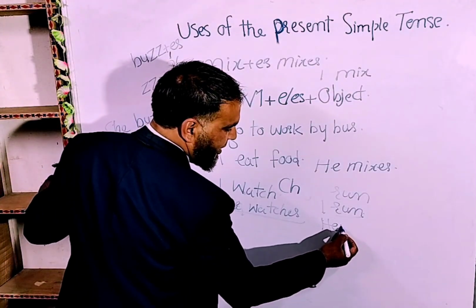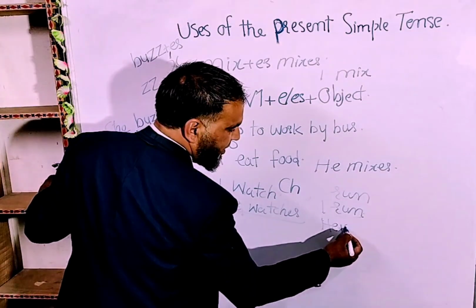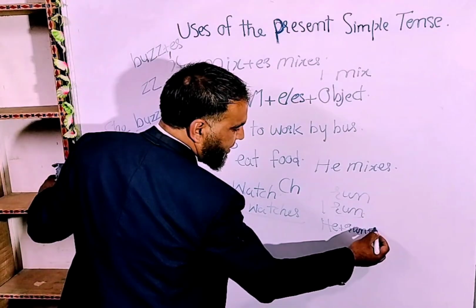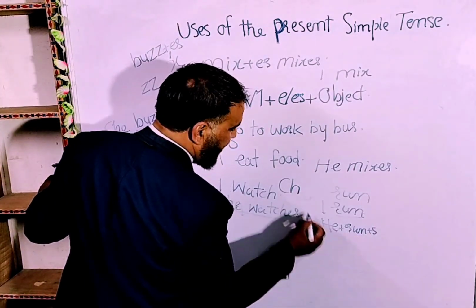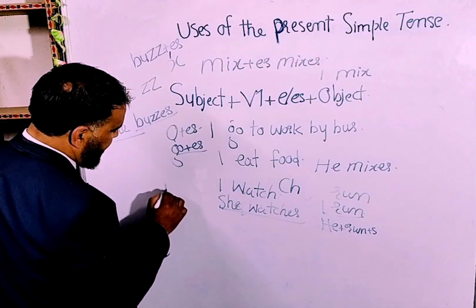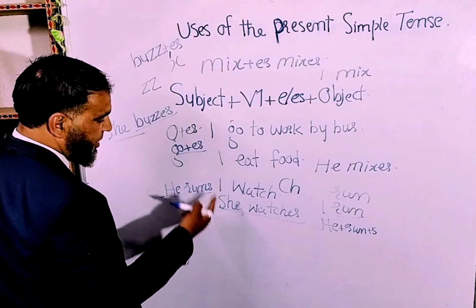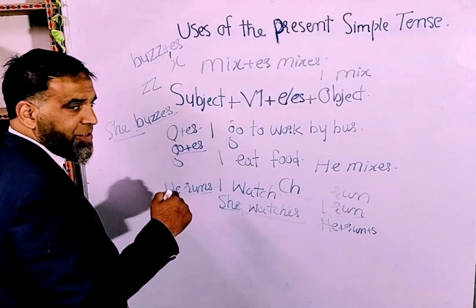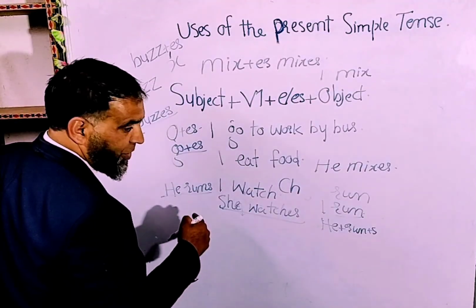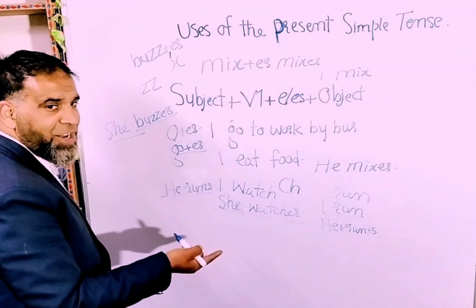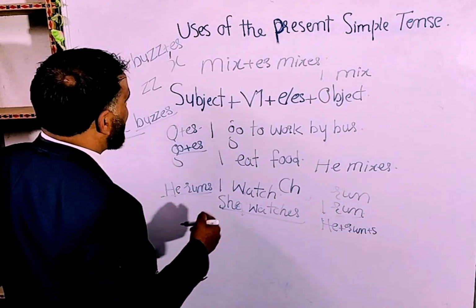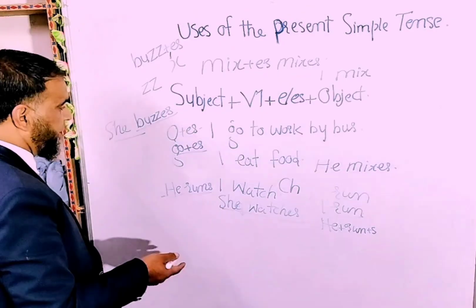We need to add S to the first form of the verb, run. Simply, he runs. She runs. It runs. Everybody runs. Nobody runs. No one runs.